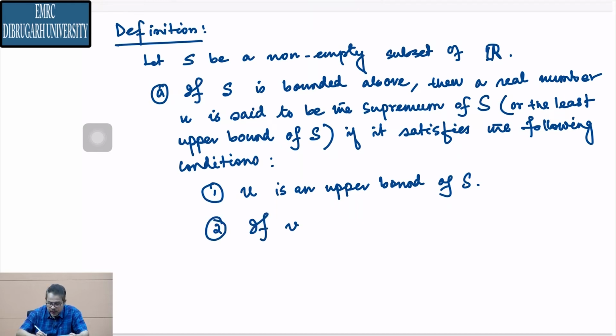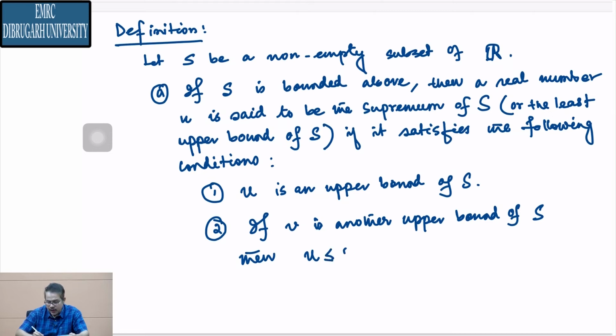If V is another upper bound of S, then U must be less than or equal to V, right. So, the first condition says that for all s in S, U must be greater than or equal to s.